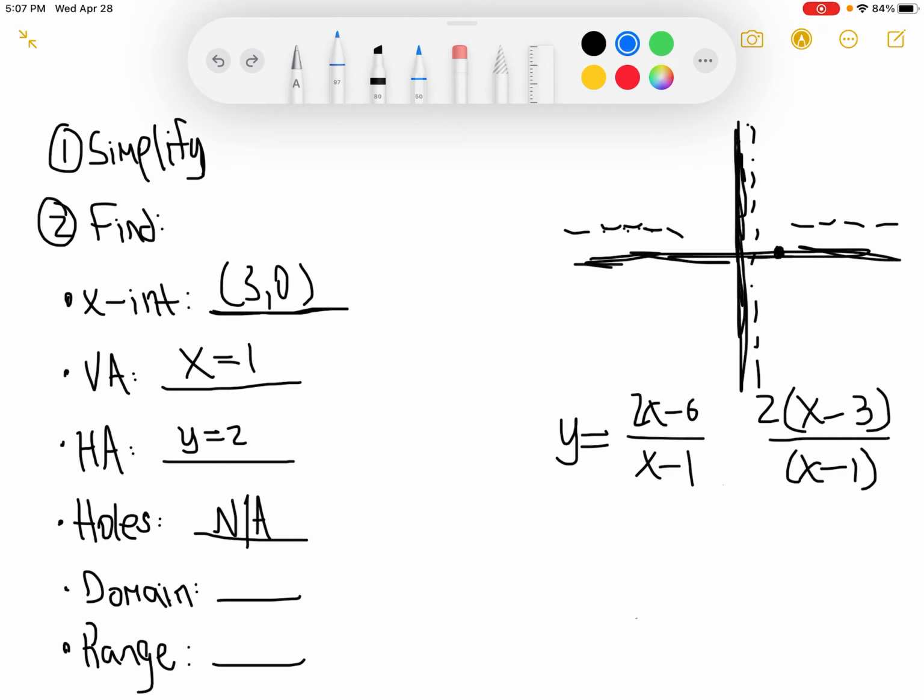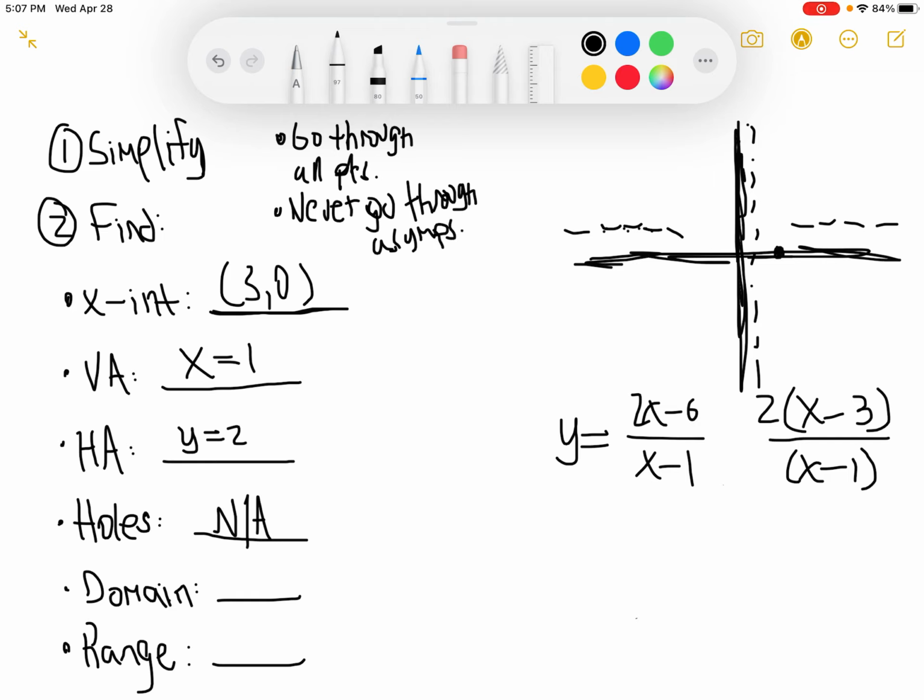But here's what you have to do when you're graphing. I'll just write tips here. It needs to go through all points, I'll say PTS, and it also needs to never go through asymptotes.